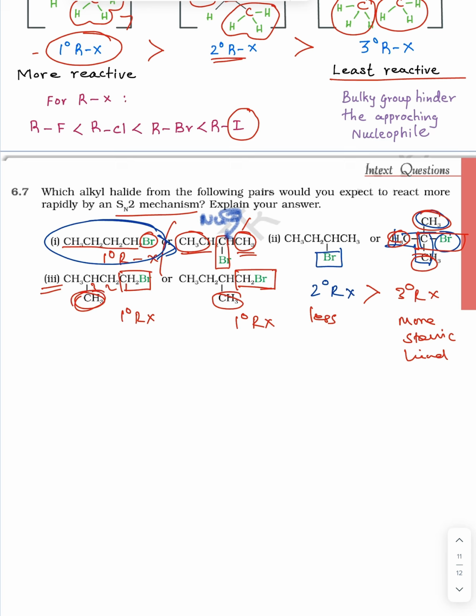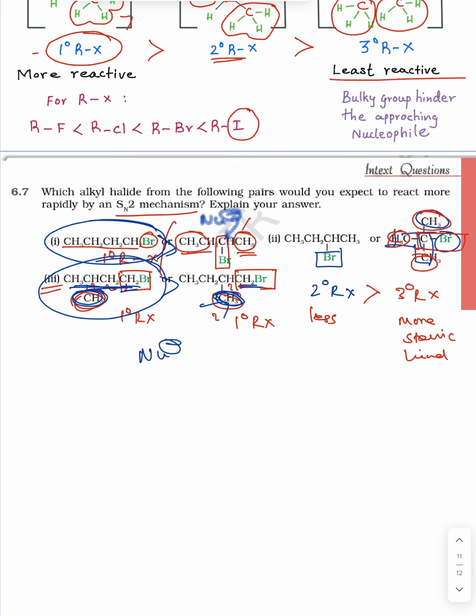But in the other case, it is at the second position. So the methyl substituent is far away from the carbon-halogen bond here, but closer to it in the other. So for the approaching nucleophile, this one is more reactive. So the answer is the first one.